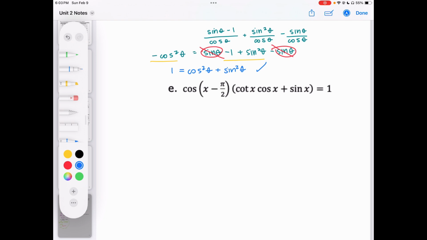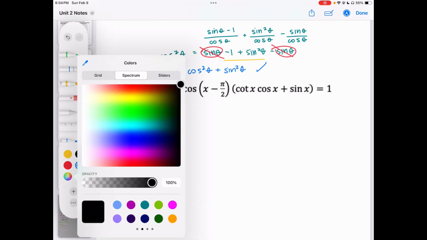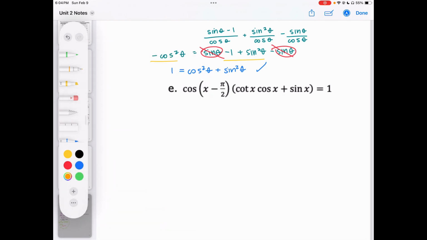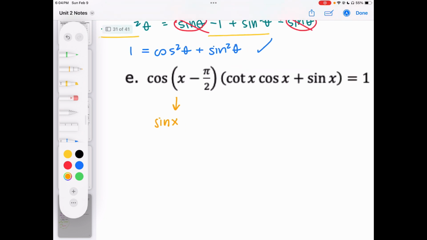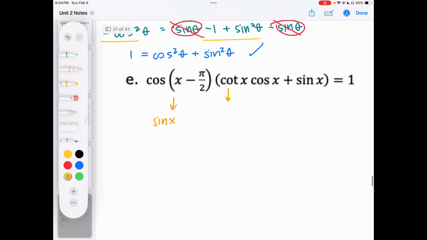Our last practice problem uses one of the last identities. Okay, here we're going to use cosine of x over sine of x times cosine of x plus sine of x.